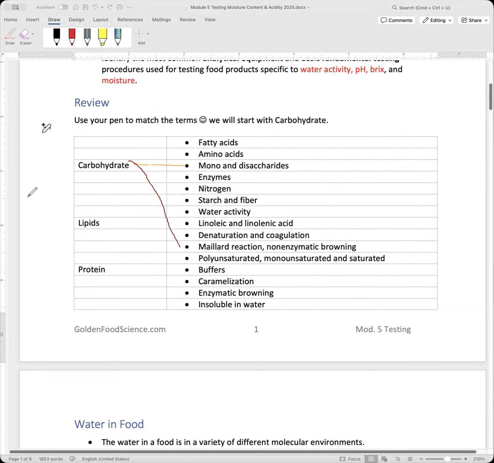That's right. Starch and fiber. The Maillard reaction. We've got that one.